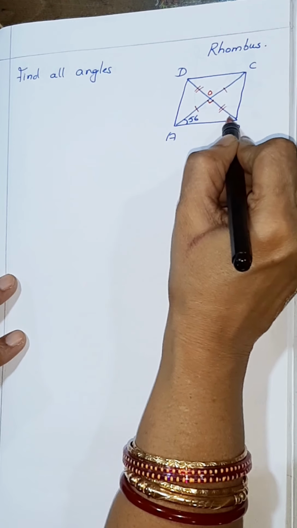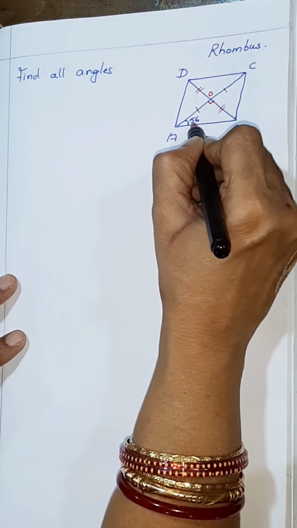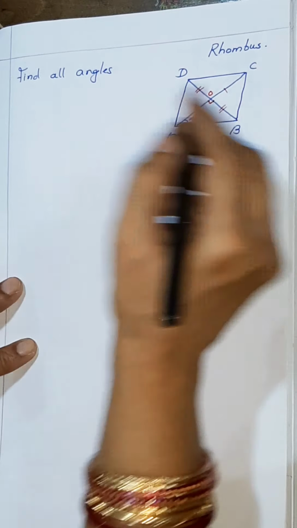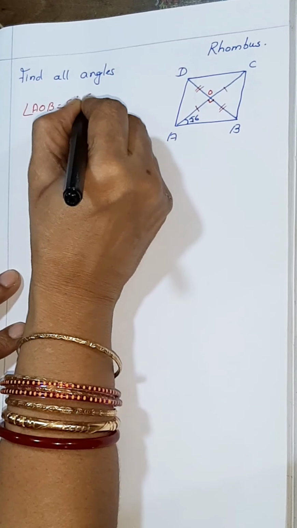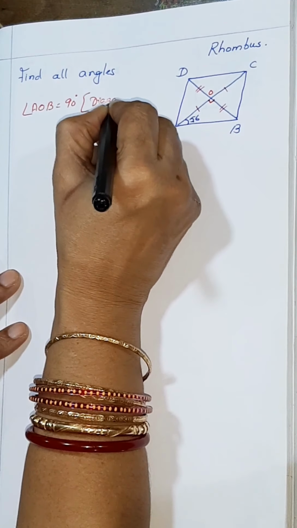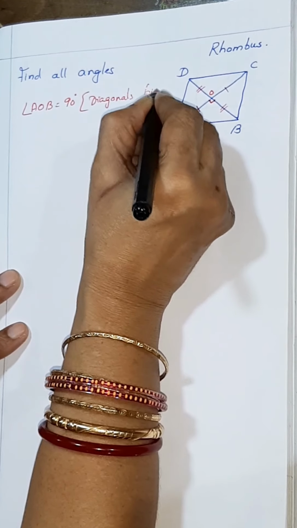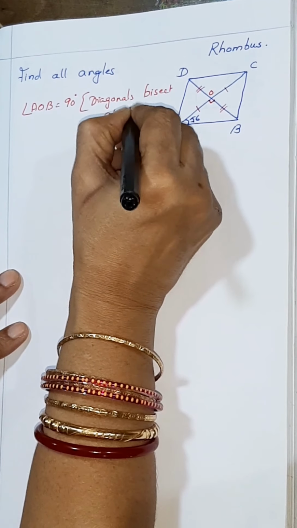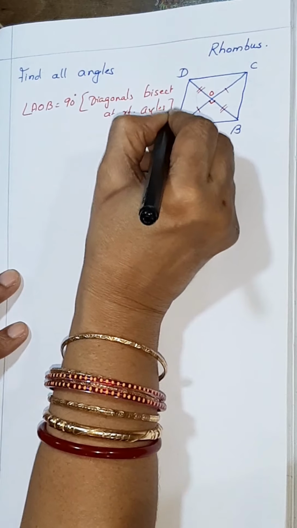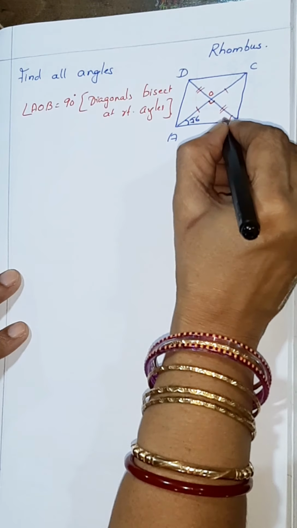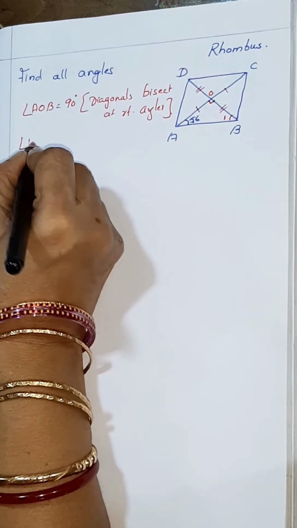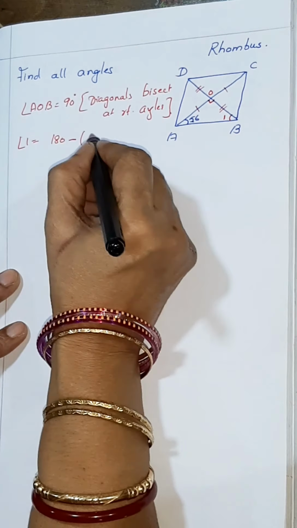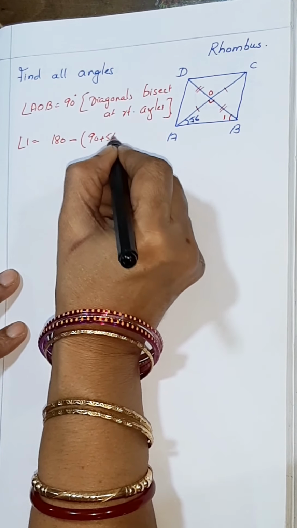So let us start now. Let us find this angle. Now this is 56 and angle AOB is equal to 90 degrees. The reason is diagonals bisect at right angles. Therefore angle 1 will be 180 minus, angle sum property we will use, 180 minus (90 plus 56).